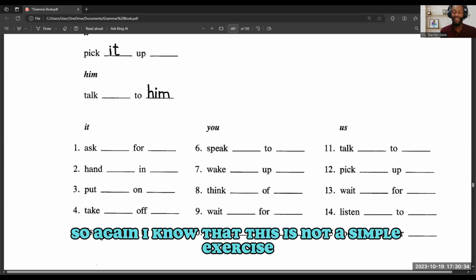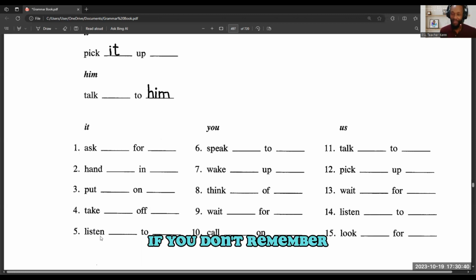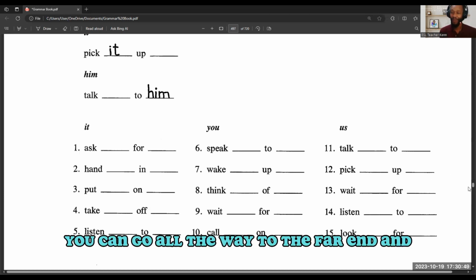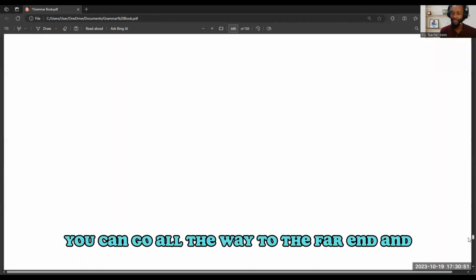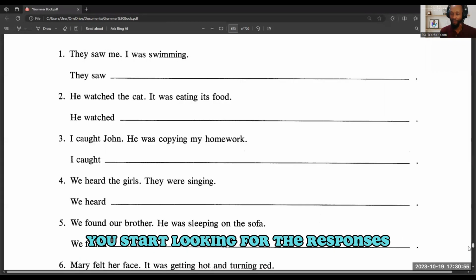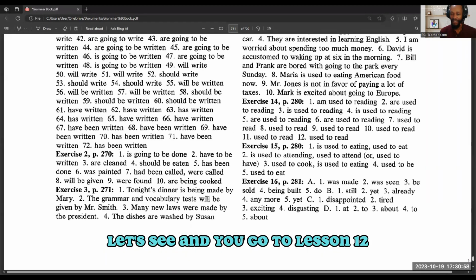So, again, I know that this is not a simple exercise. If you don't remember, you have two options. This book has the answers at the end. So if you want, you can go all the way to the far end and start looking for the responses. Let's see.